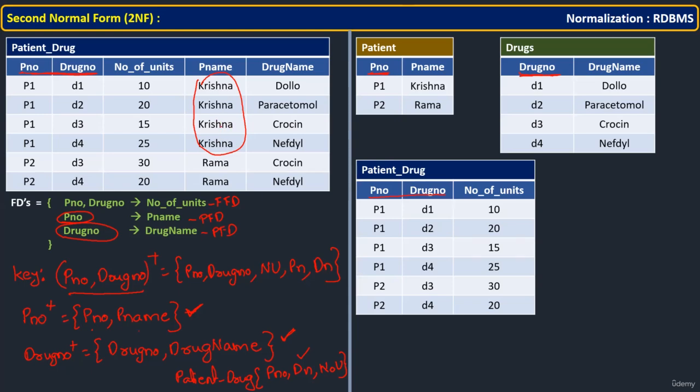A lot of redundancy you can reduce so that you can avoid update anomaly. Suppose you want to change the name of patient 1 to some other name, then wherever it is there, in all places you have to update. But now, just update here, instead of Krishna, if you want to place Ravi, then that's it. This is the only one place you have to update. So update anomalies are avoided here.